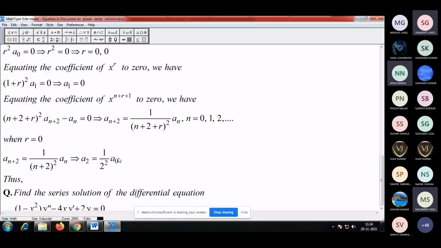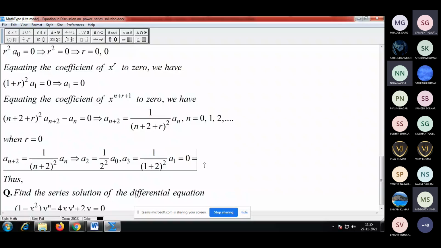Now, when n is 1, then a3 in terms of a1, and n is 1 means 1 plus 2. But a1 is 0, so a3 is equal to 0. Then a5 will come in terms of a3, and a3 is 0, so a5 is also 0.